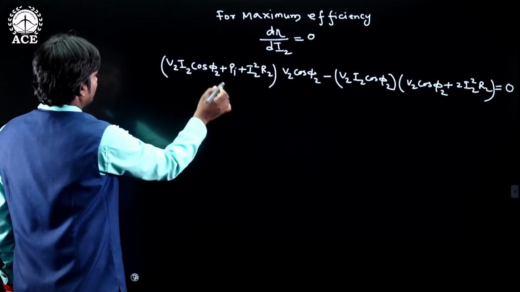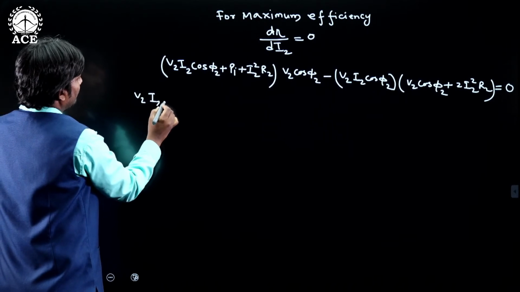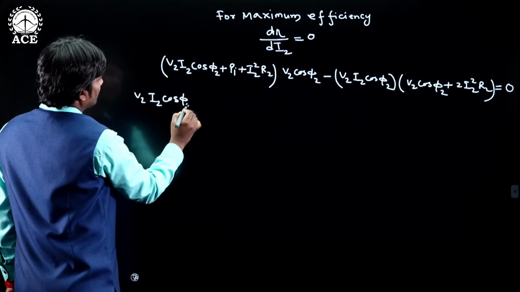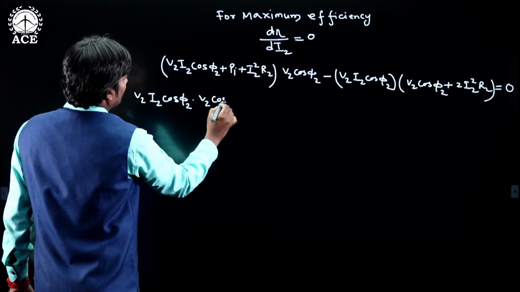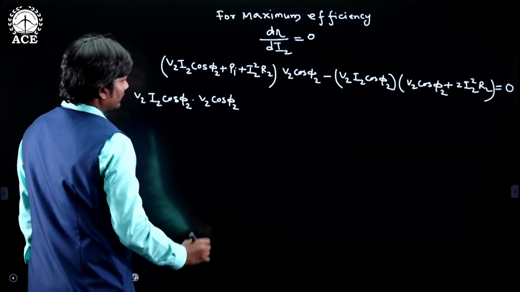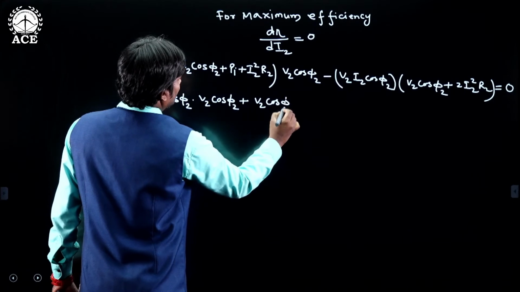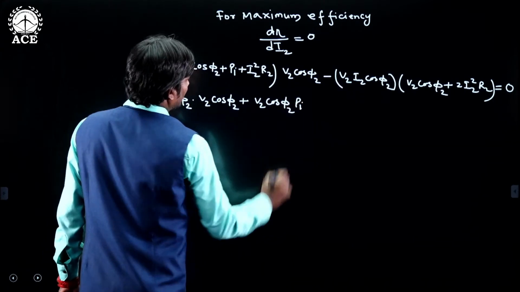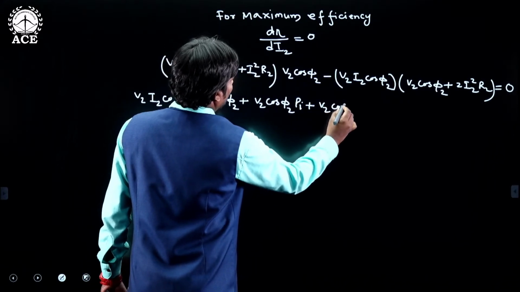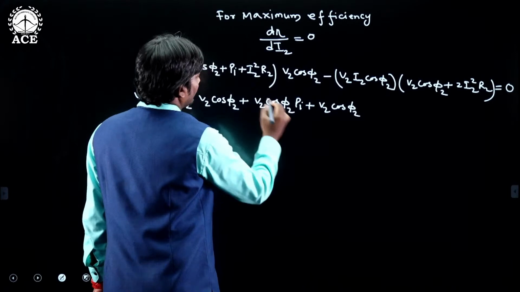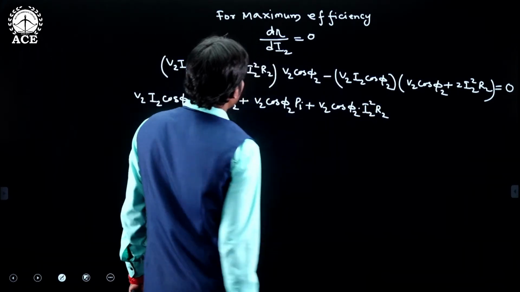Now multiply: V2 I2 cos phi 2 into V2 cos phi 2, plus V2 cos phi 2 into Pi, plus V2 cos phi 2 into I2 squared R2.